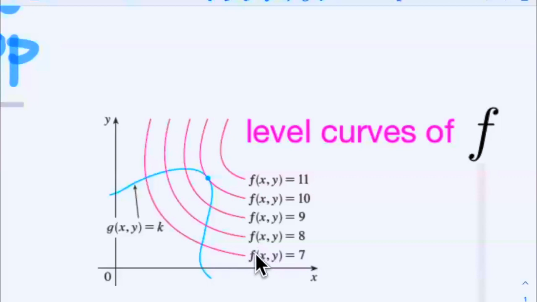Can the maximum be 7? Well, it cannot, because look at this. When the function value equals 8 or 9, we have other points on the level curve that satisfy this constraint, right? This one has 2 points that satisfy it. Those are bigger than this.